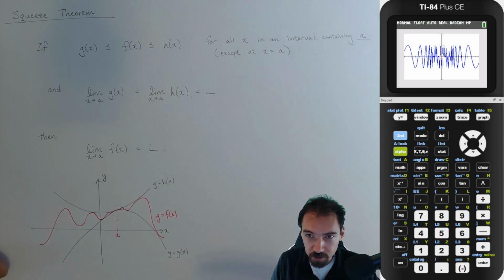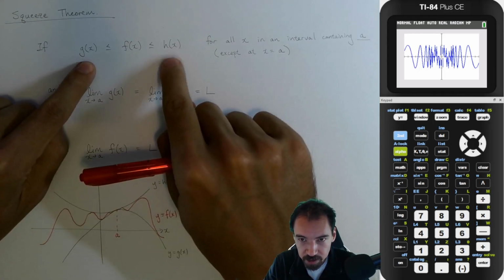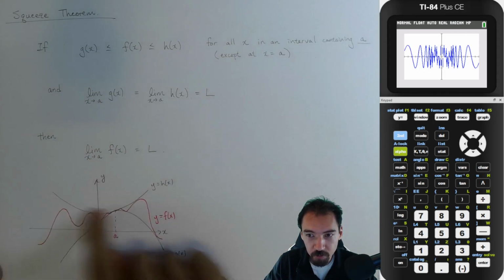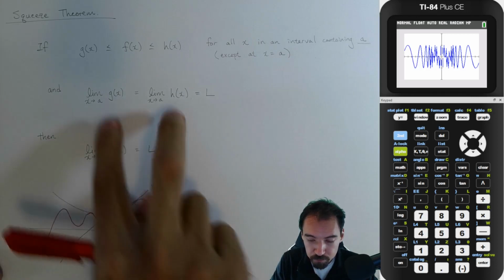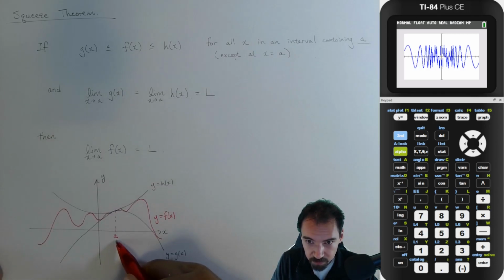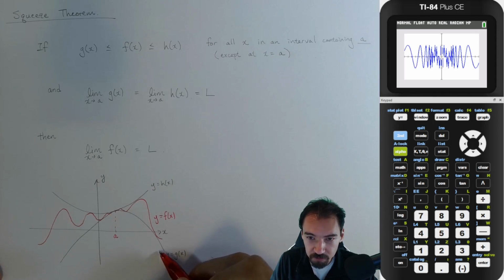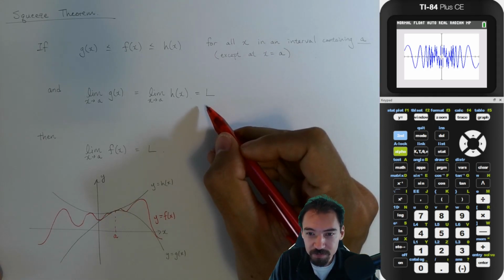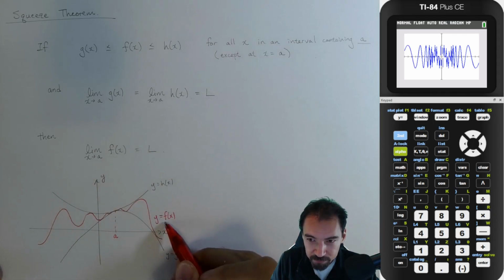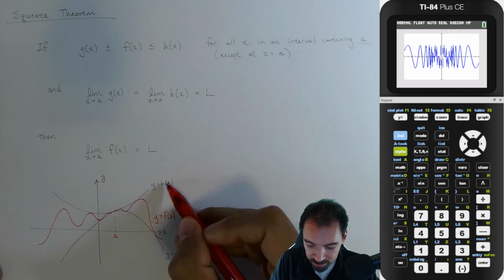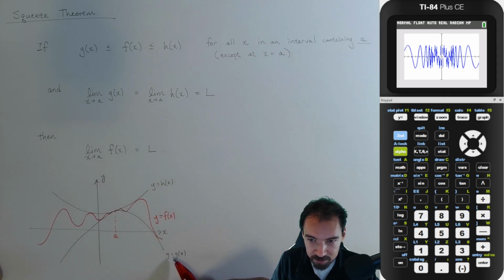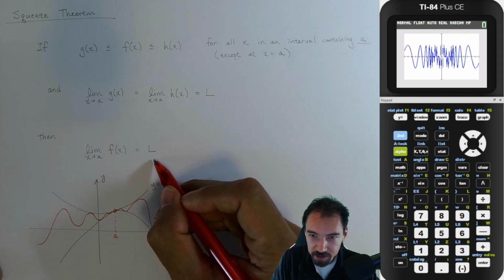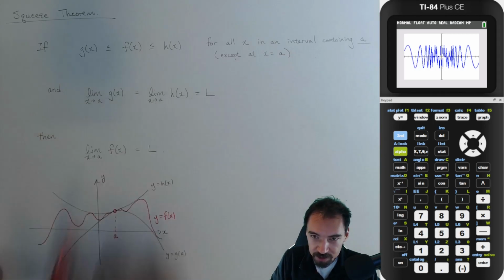What you want to do is come up with a g of x and an h of x that are always above and below, but specifically as x approaches a, the upper function and lower function end up hitting the same limit. So the squeeze theorem states that since f of x is always between those two functions, it gets squeezed to whatever value these two limits approach, right?